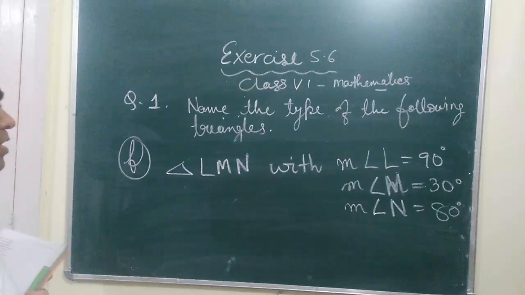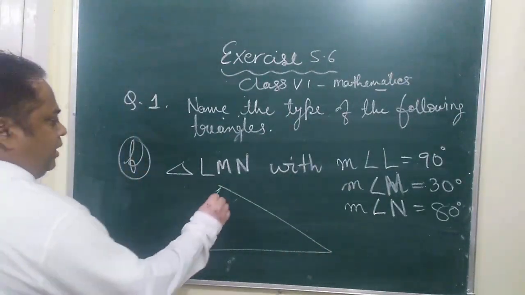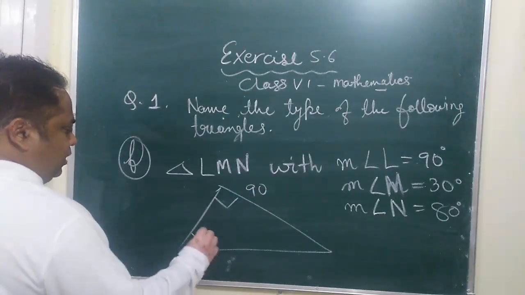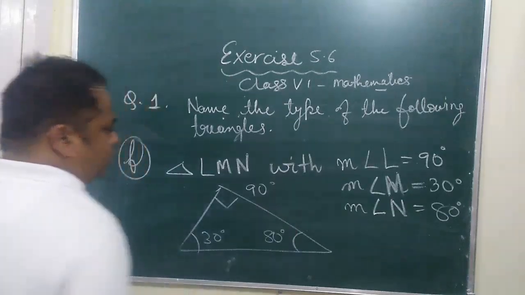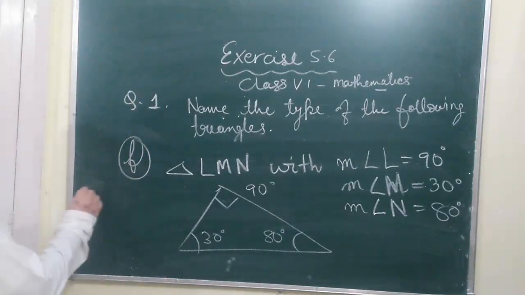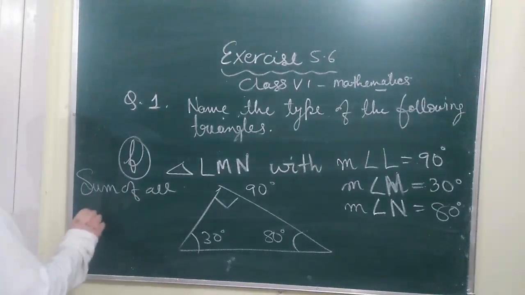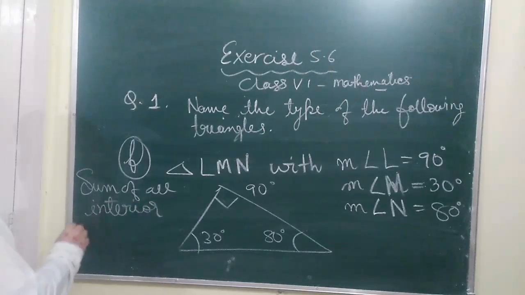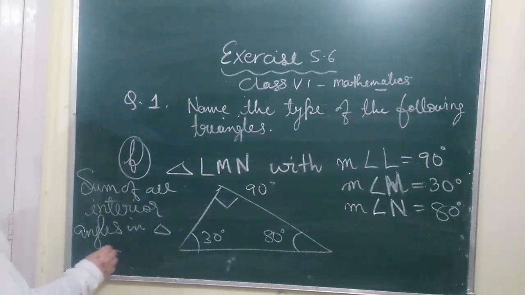So, will this type of triangle be possible? Let us draw one hypothetical triangle. Let this be 90 degree, let this be 30 degree, let this be 80 degree. We know that the sum of all interior angles in a triangle should be equal to 180 degree.